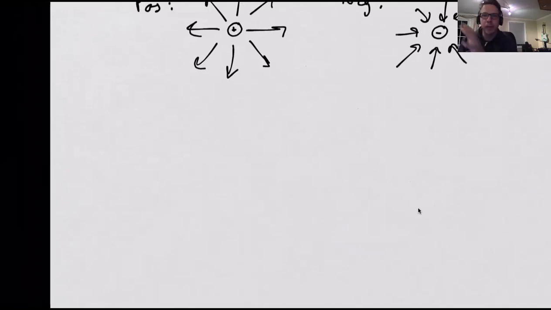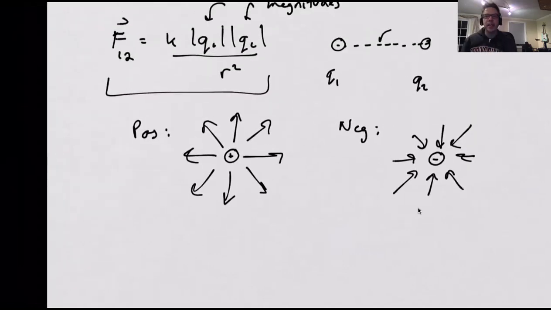Now that we got that out of the way, why did we call them electric field lines, and how does it relate to this other concept of electric fields? Take a look at the formula for force. If I'm going to talk about the electric force between two objects, I need two objects. One hand, two hand. Then I can talk about the electric force from the right hand on the left hand.